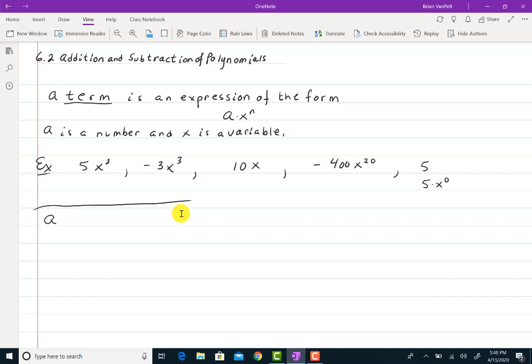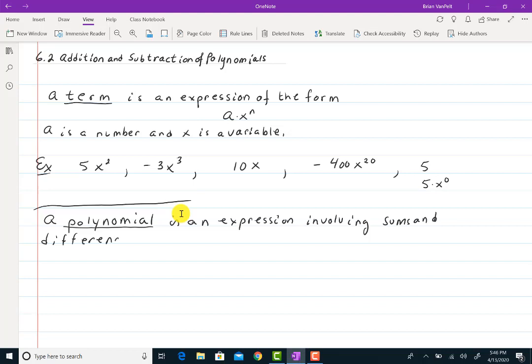Then we come to a polynomial. A polynomial is an expression involving sums and differences of terms.